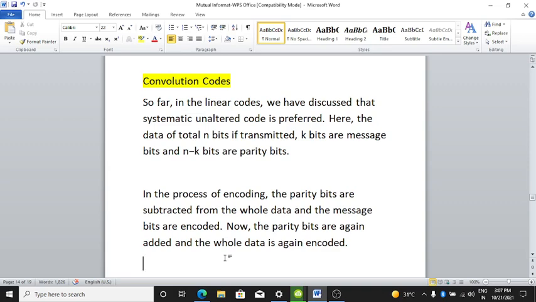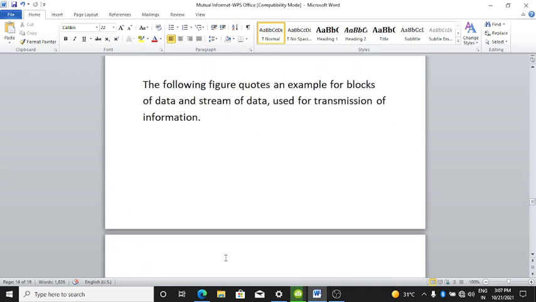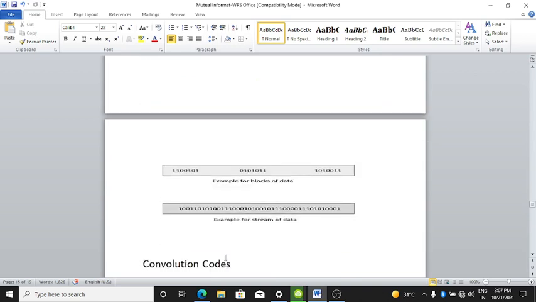Now the parity bits are again added and the whole data is again encoded. Okay. The following figures show an example of a block of data and a stream of data used for transmission of information. First is an example of a block of data and second is an example of a stream of data. Observe it carefully.